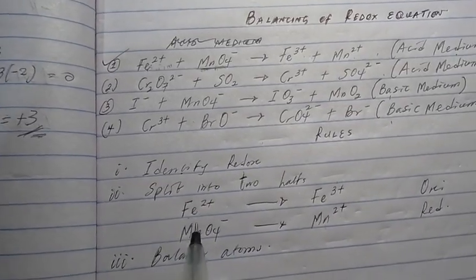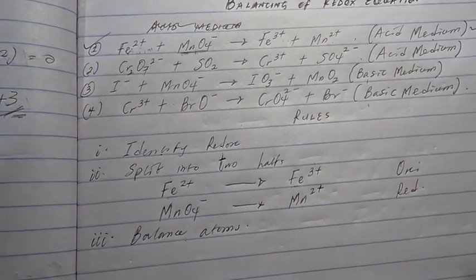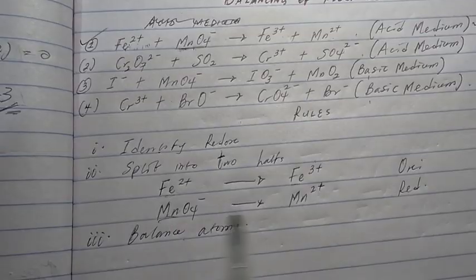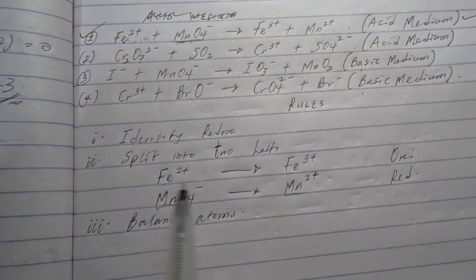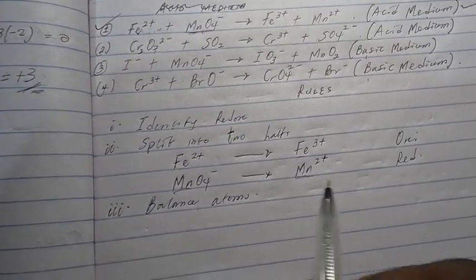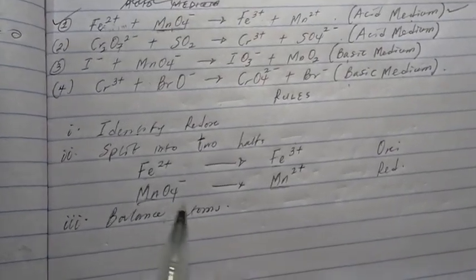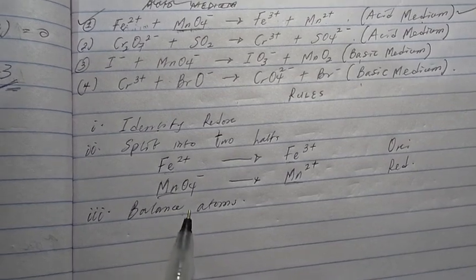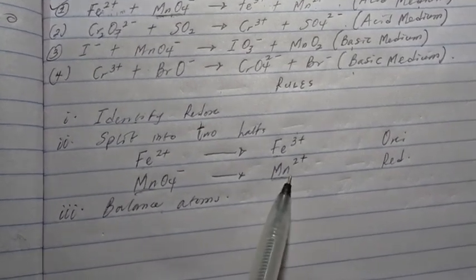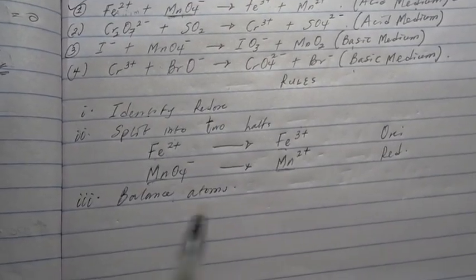But for my own, there's one ion here, one ion here, so there's no need to balance anything. There's one manganese here, one manganese here. Don't balance oxygen at this stage, just balance the atoms first without the oxygen. In this case, manganese is one, manganese is one, iron is one, iron is one. Do you understand that? So there is nothing to balance.